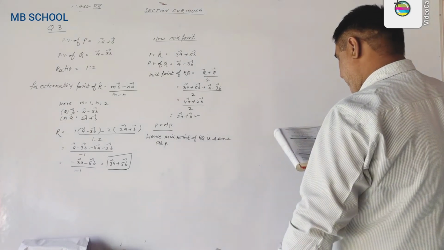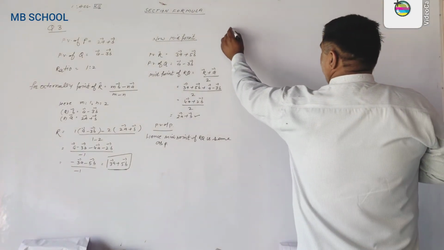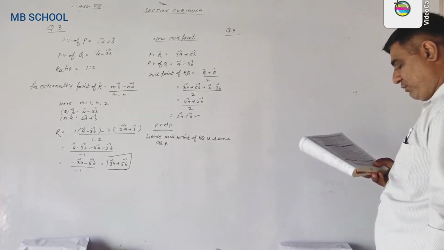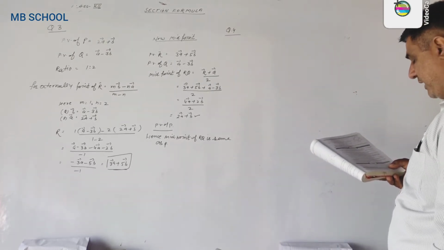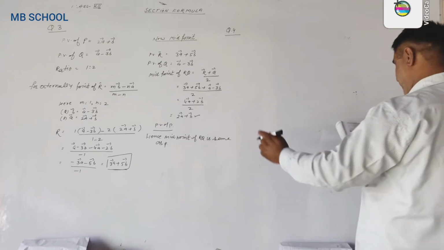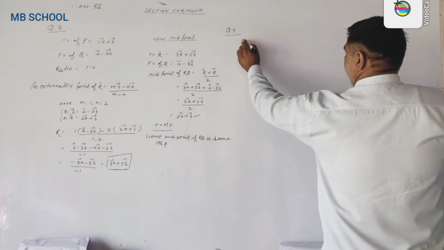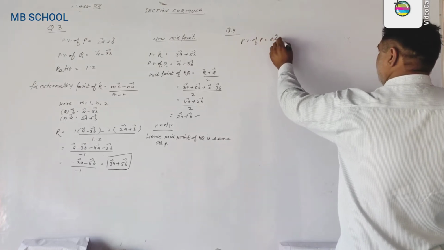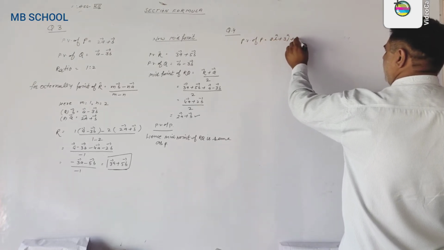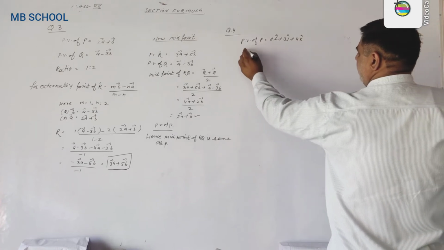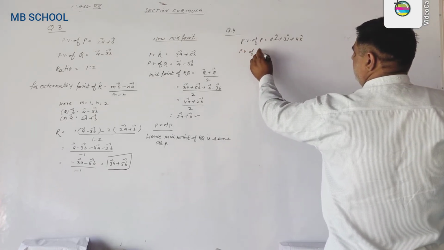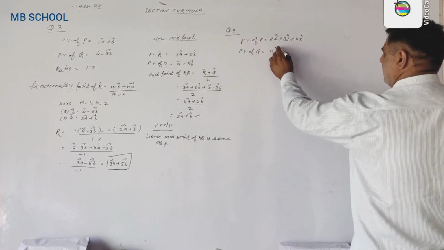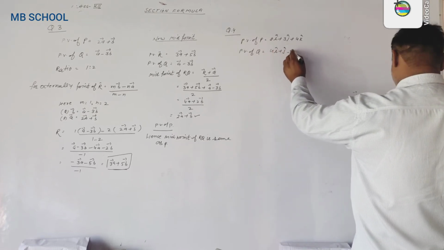Next, question number 4 says, in this question, find the midpoint of the line joining points P and Q. We are given the position vector of P as 2i plus 3j plus 4k, and the position vector of Q is 4i plus j minus 2k.